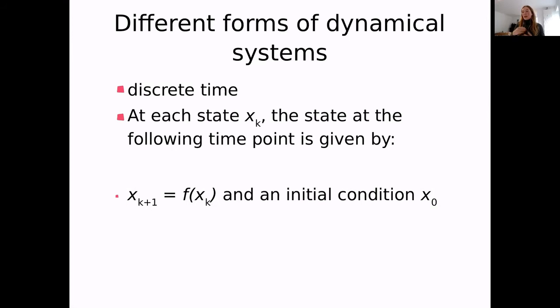At each state x at a time point k, the state at the following time point, which is k plus 1, is now given by a function of the state you're now in, right? And you also need an initial condition. So the next state is given by a function of the current state. This is similar, but not exactly the same, to the idea of the rate of change being defined by the function of a state.